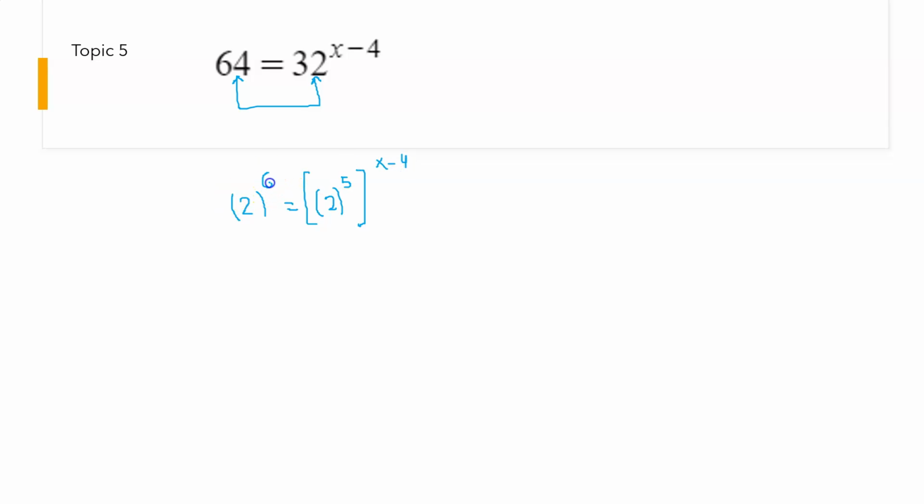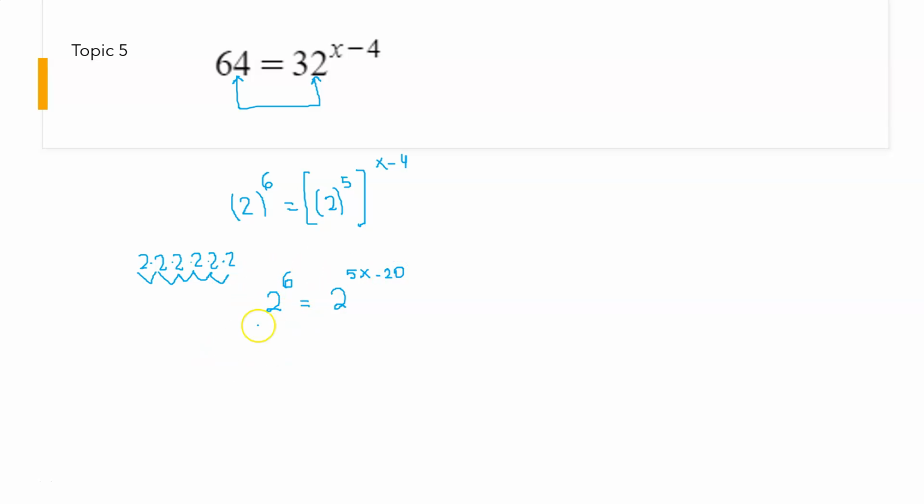And 2 to the 6 is actually 64, because it is 2 times 2 times 2 times 2 times 2 times 2. This will be 4, 8, 16, 32, and times 2, 64. So once the bases are equal, you can equate the exponents. This is a power of a power, so we multiply the exponents, and this is 5x minus 20.